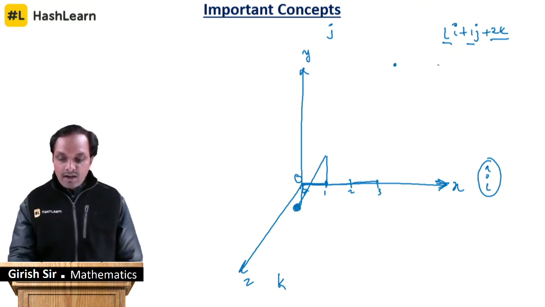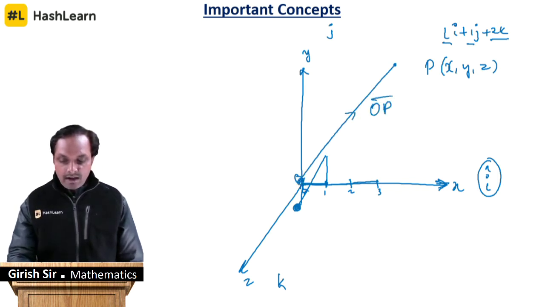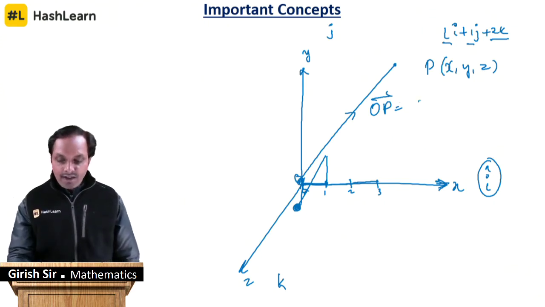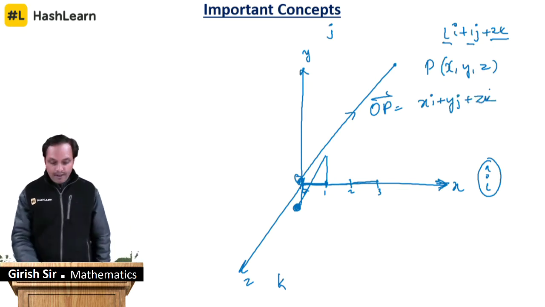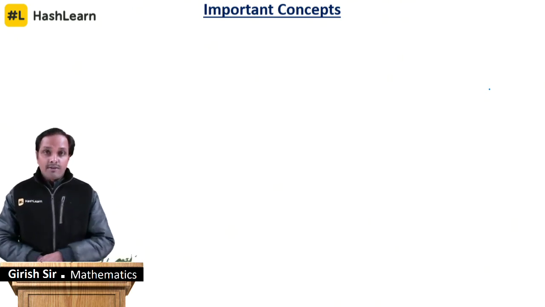In general, if you have a point P (x, y, z), we define it with respect to the origin as the OP vector. So what is the OP vector? We denote it as xi plus yj plus zk.